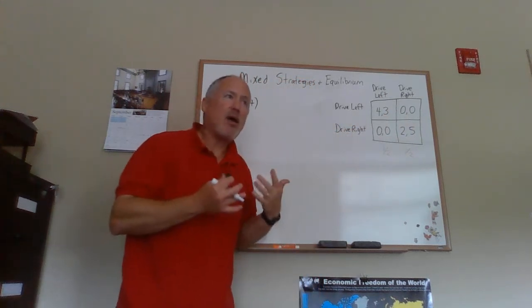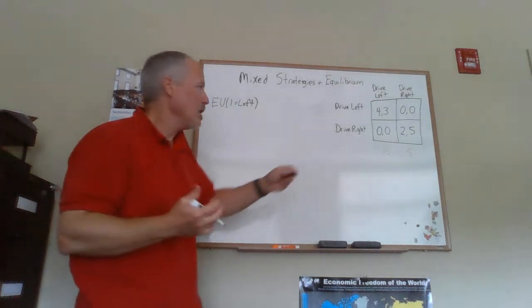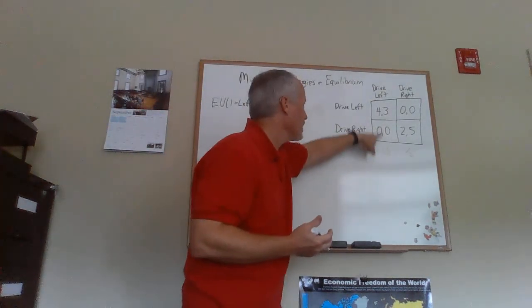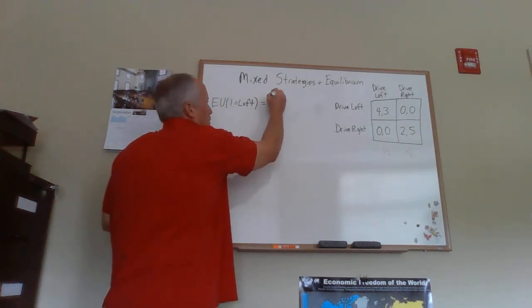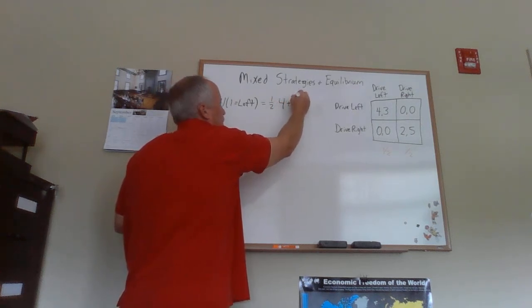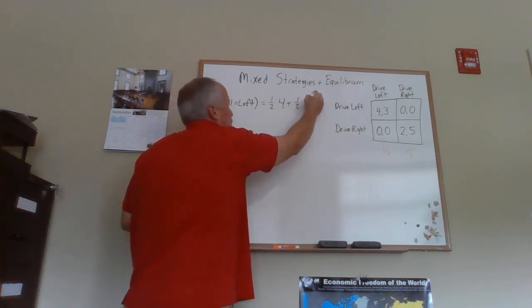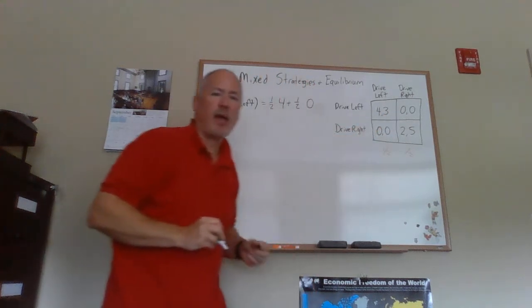So their payoff from choosing left in this case would be an expected utility using these probabilities and the payoff in each case. So this would be 1/2 times 4 plus 1/2 times 0, 4 and 0 being the relevant payoffs.